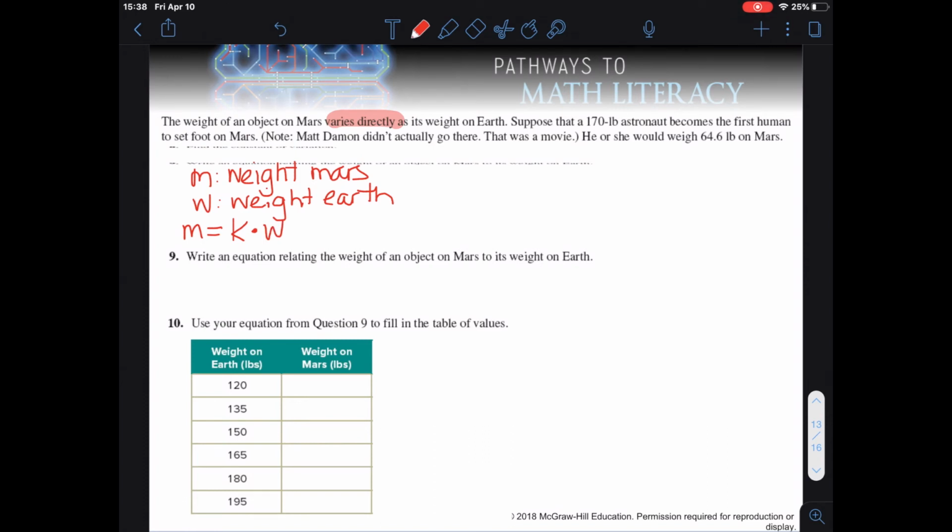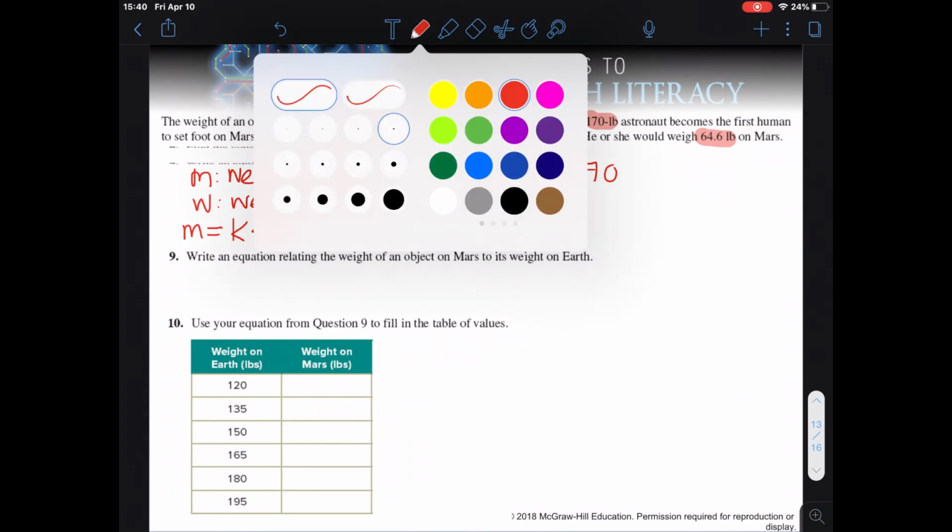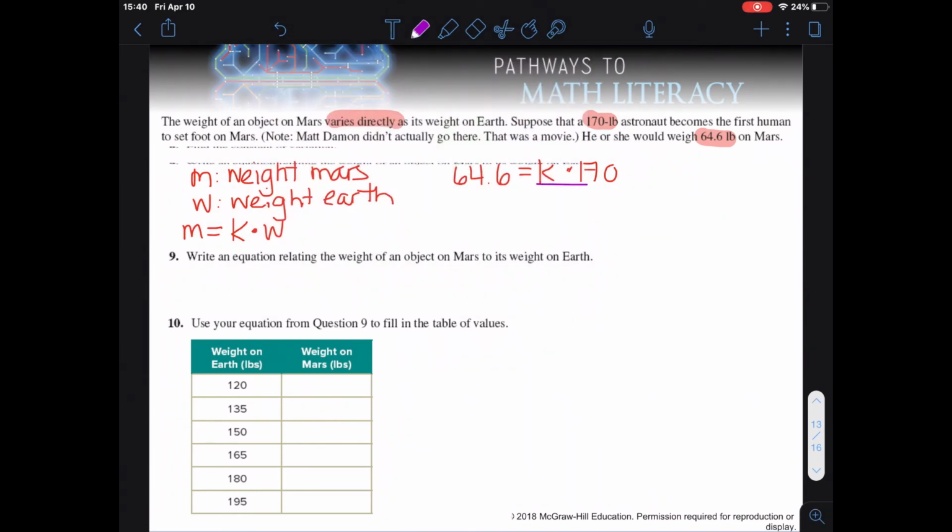So we want to find this constant K. And I'm going to utilize that I know a 170-pound person on Earth weighs 64.6 pounds on Mars. So this tells me my output is 64.6. This is a constant times 170. So to solve for the constant, we go ahead and divide by 170.